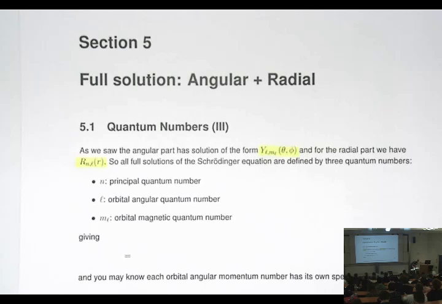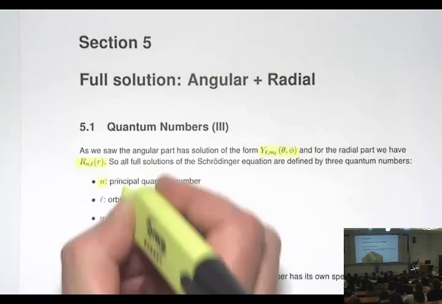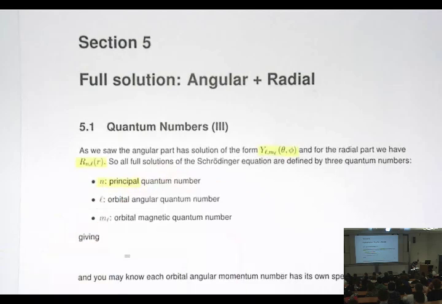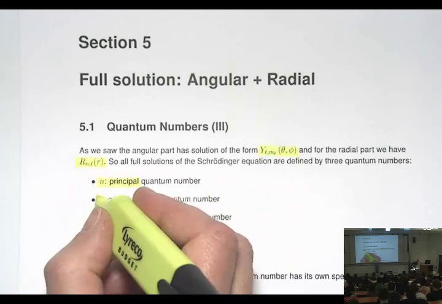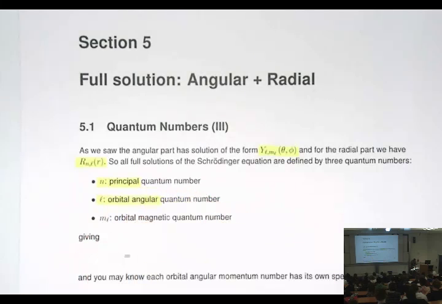So they all have names. n is the principal quantum number. In fact, that one governs energy, just as it does for Bohr. So it's essentially the same n that Bohr had, and that governs the energy of the situation, the principal quantum number. L has the name orbital angular quantum number.